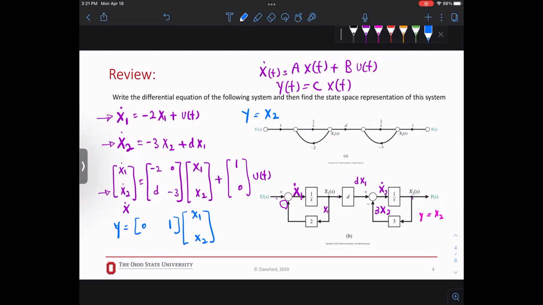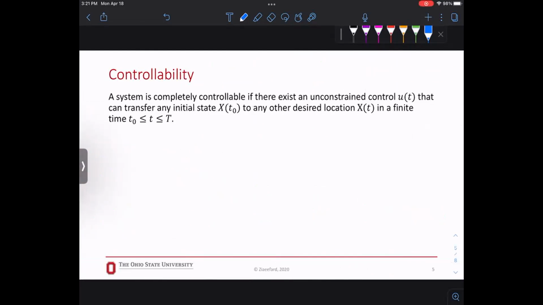So to be controllable, first the definition. The system is completely controllable if you can find a U that can transfer any initial state to a final state in time t. So if you're running your simulation in t seconds, any of your initial states have to go to their final state within that time.